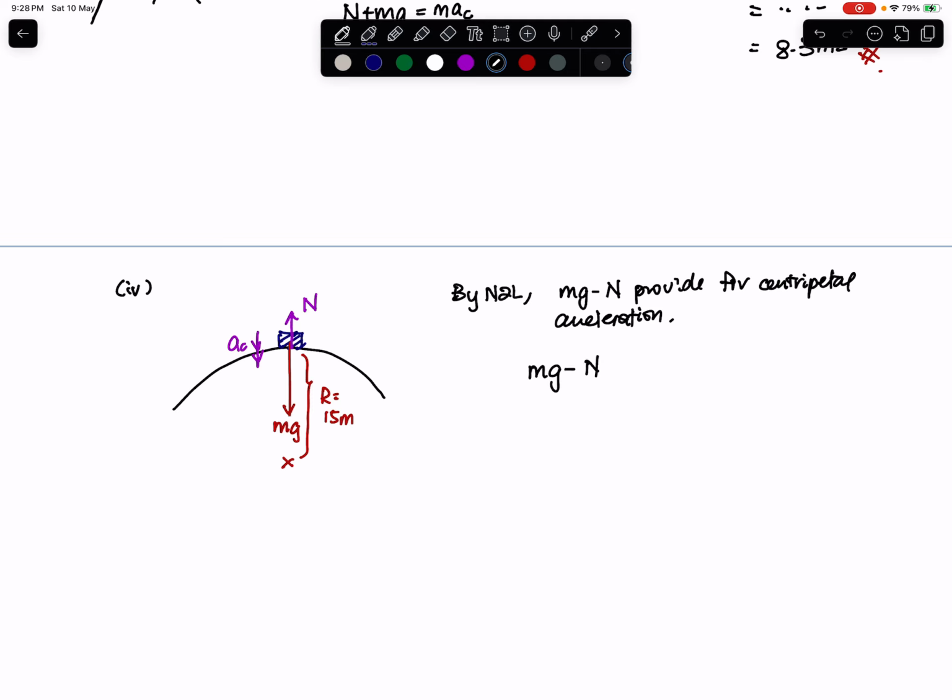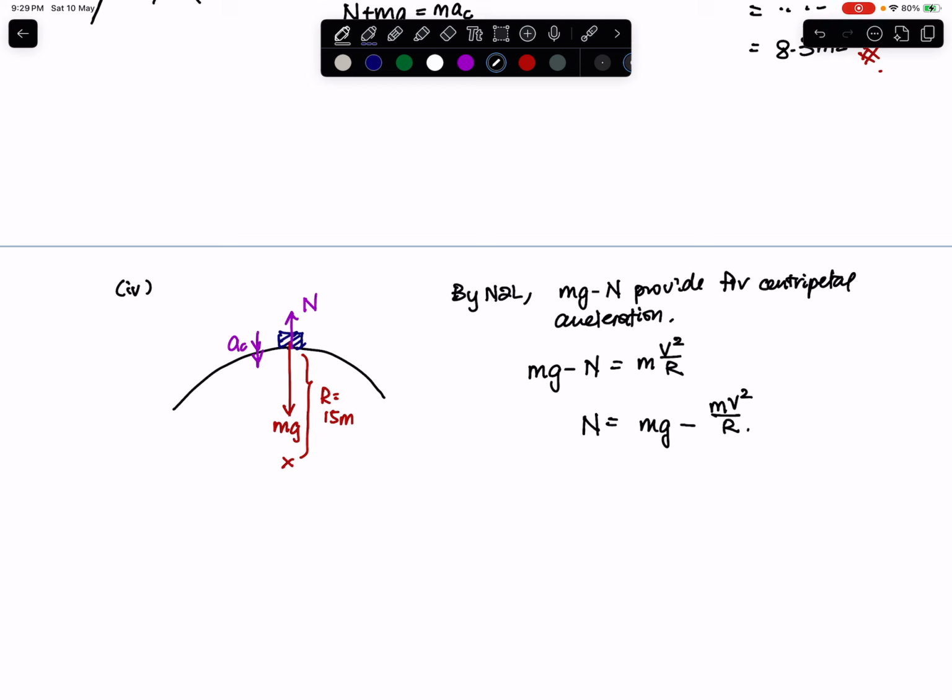From here, we are interested in N, so I'm going to make N the subject of the formula. N equals mg, bring it over to the other side, minus mv squared over r.